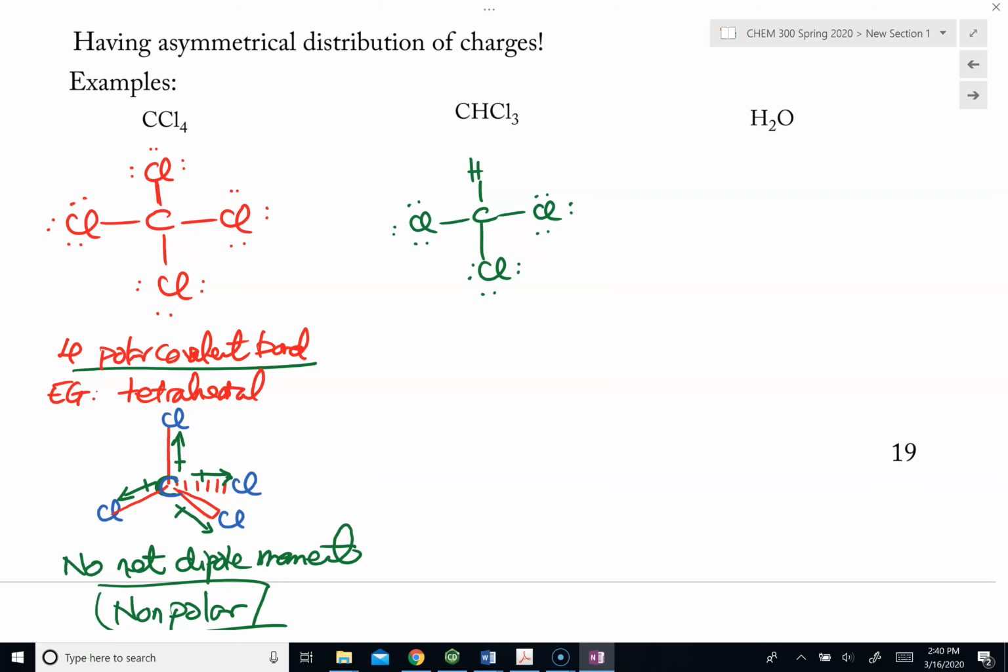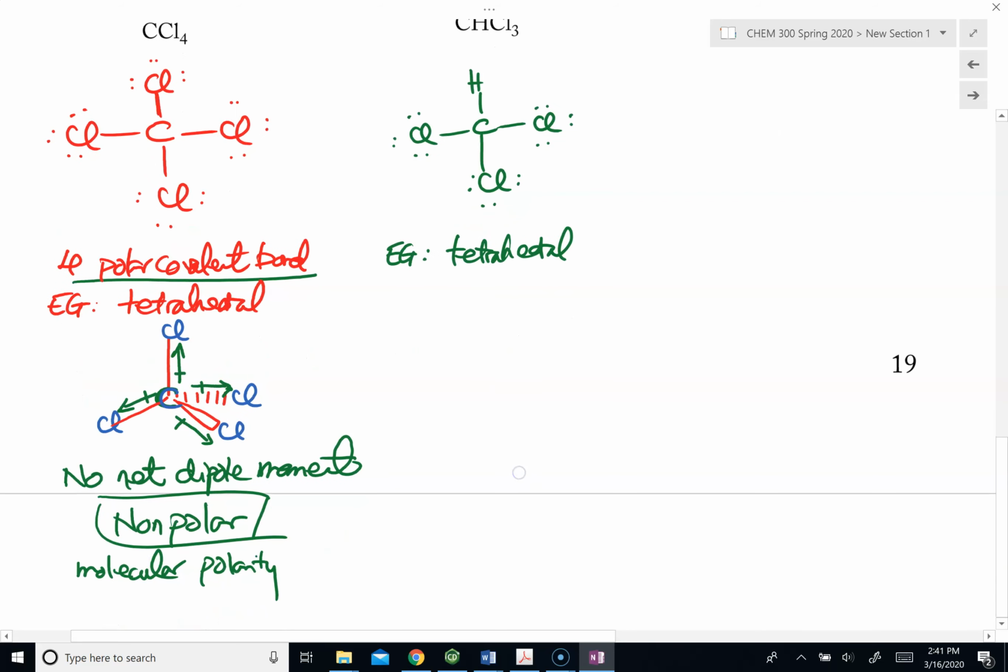One guideline to draw the 3D structure is to first start out with the backbone of the electron geometry. The electron geometry of the central atom here is tetrahedral. And once we know this is tetrahedral, we need to draw the backbone of the tetrahedral electron geometry, which looks like this, as we have seen already.